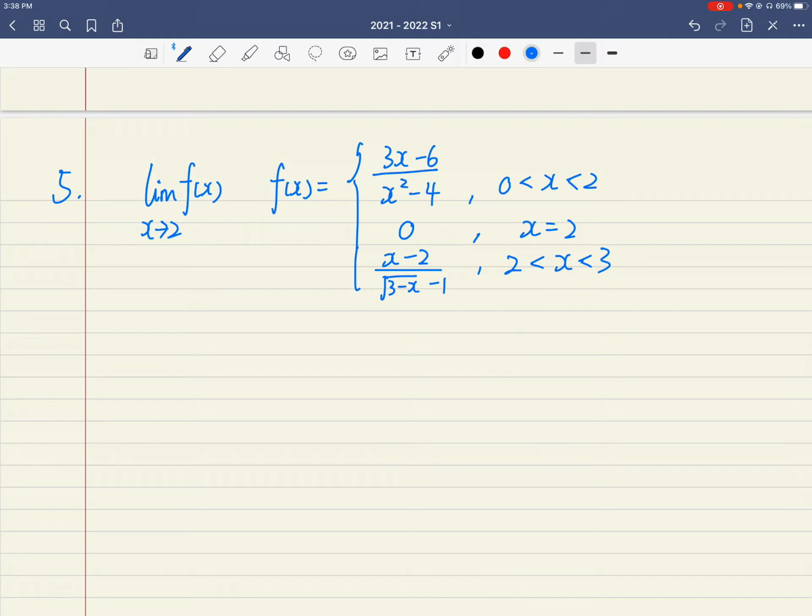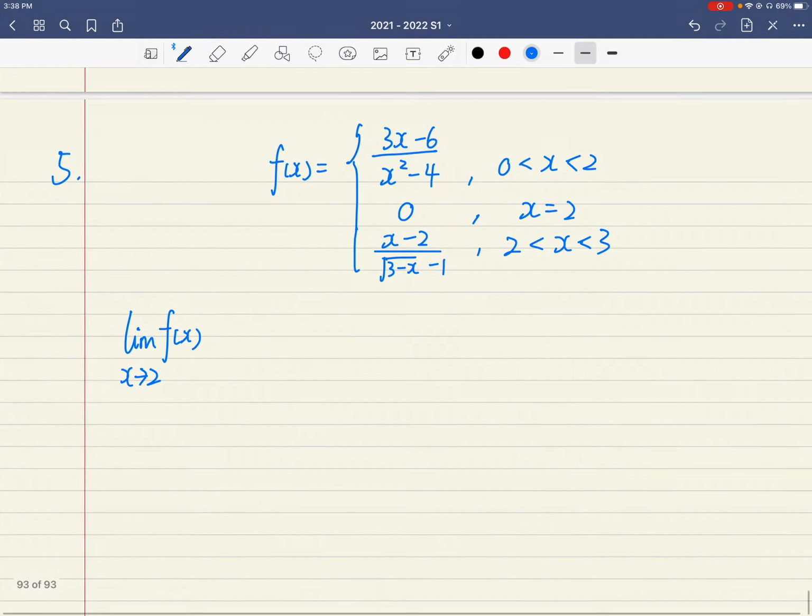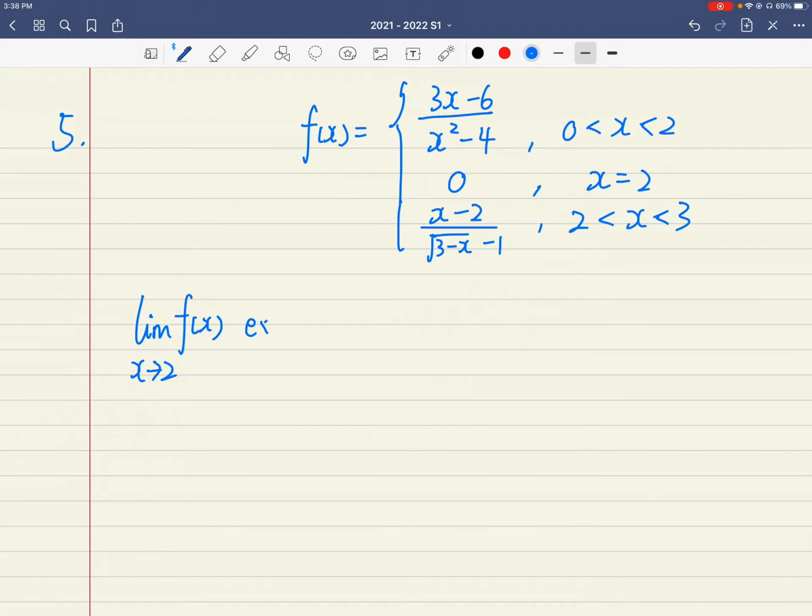Then determine whether this limit exists. From last week, we already know that this limit exists if and only if the limit from the left is equal to the limit from the right.